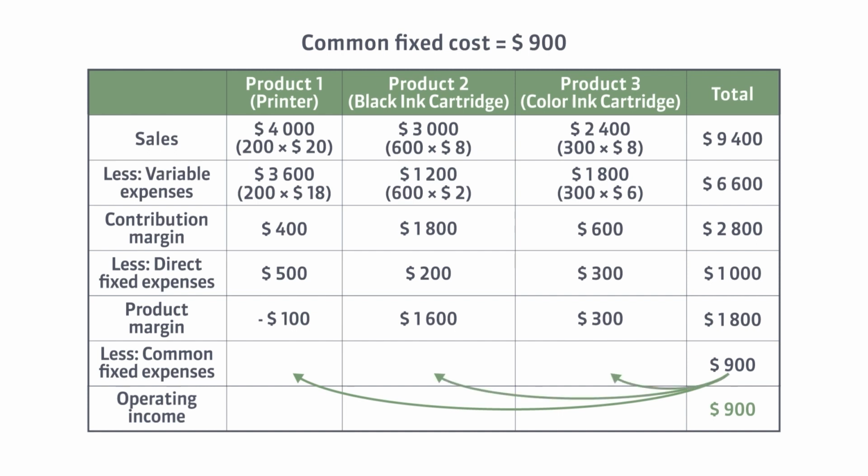Allocating the common fixed costs to each product line before computing a break-even point may resolve this difficulty. The problem with this approach is that allocation of the common fixed costs is arbitrary. It means that the company alone decides how to divide these costs.